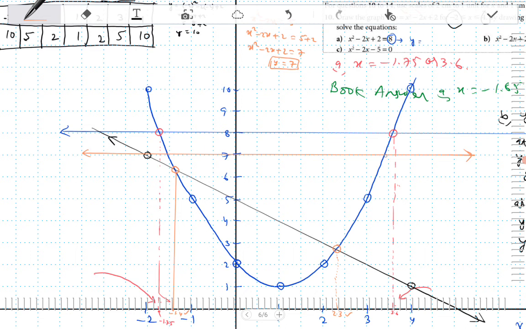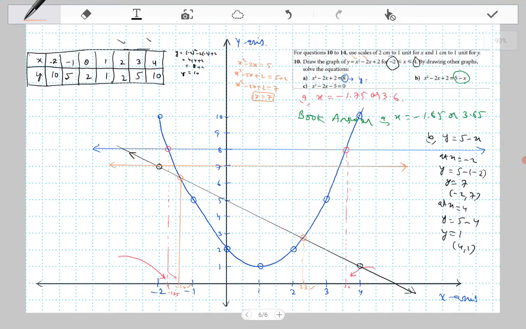If I check closely what this value is along the positive x-axis, again you can drop a perpendicular on the x-axis and just read this value.